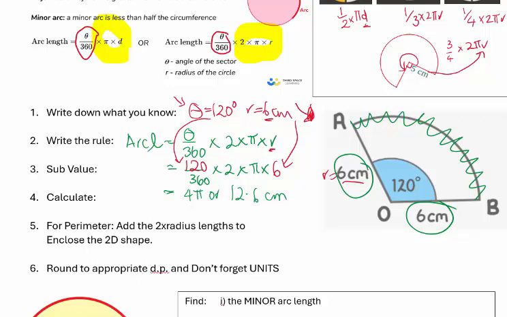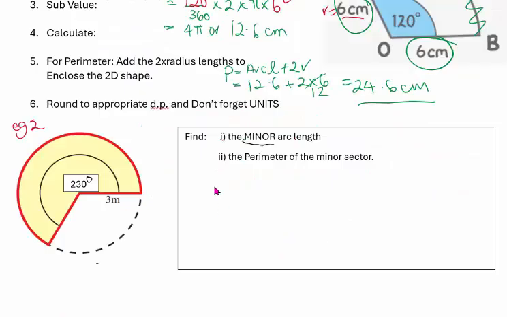So your actual perimeter equals the arc length plus 2r, which is 12.6 plus 2 times 6, which is 12. So it's going to be 24.6 centimeters.